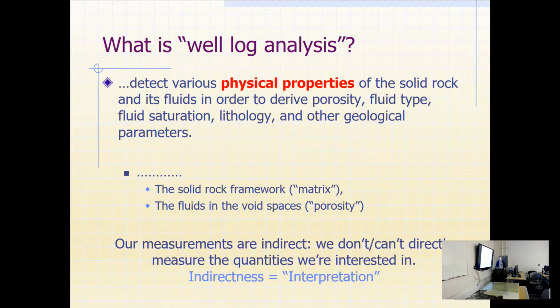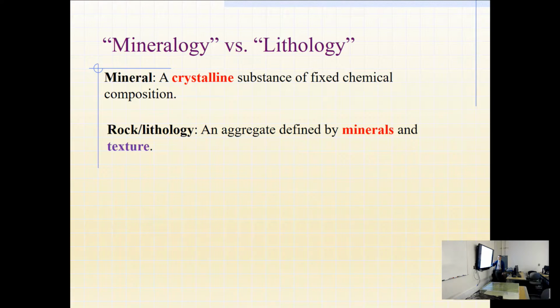You measure a bunch of other things and you make a model of the porosity. Initially, it gives you some other parameter, like density of electrons or the density of hydrogen ions, not porosity. So you have to take that indirectness and use interpretation to get what you want. Very important to understand that. Otherwise, you'll just get the wrong answer.